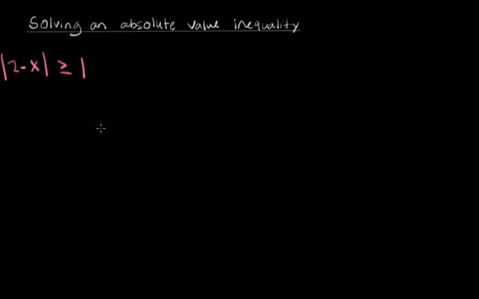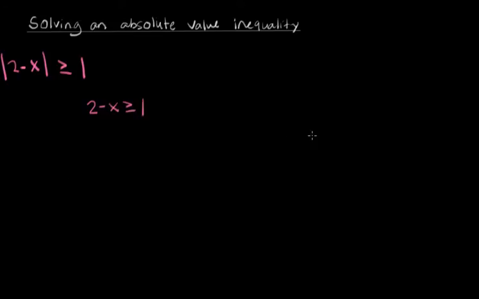Okay, so it says the absolute value of 2 minus x is greater than or equal to 1. So we know that a greater than means that we're going to have 2 separate regions in our inequality. One where it's greater than that number, so 2 minus x is greater than or equal to 1.